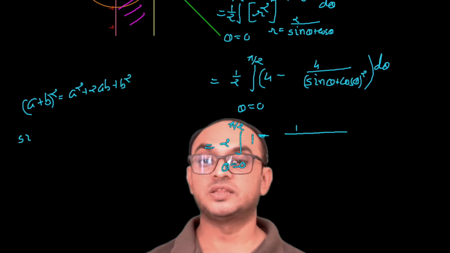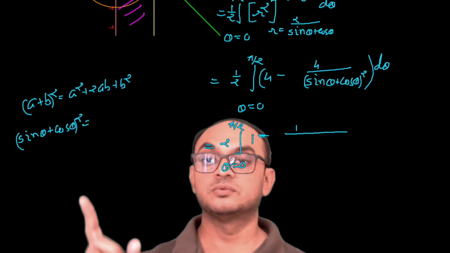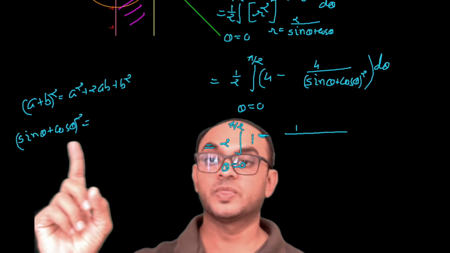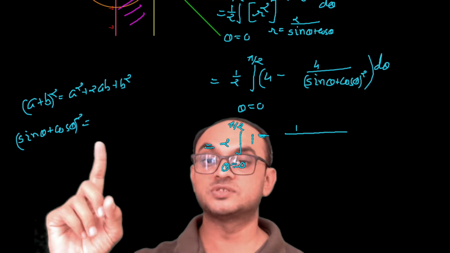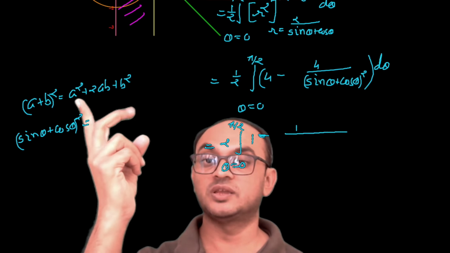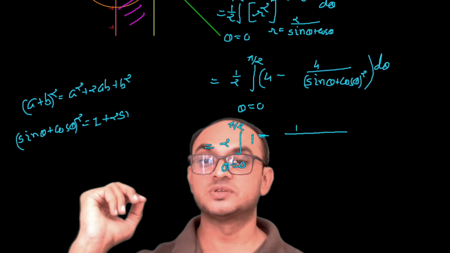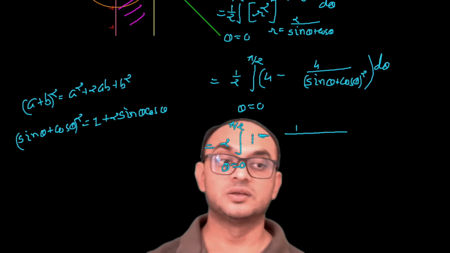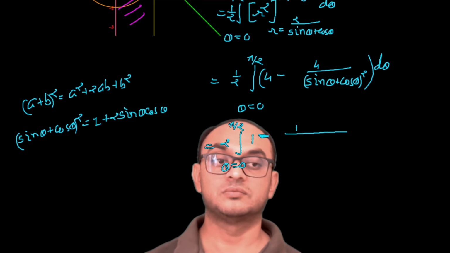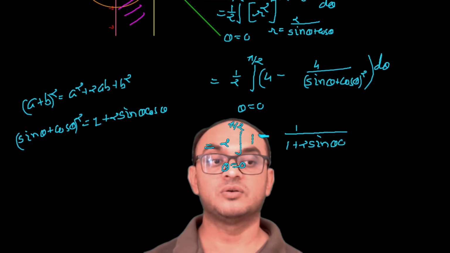So sin theta plus cos theta whole square is equal to sin square theta plus 2 sin theta cos theta plus cos square theta. So sin square theta plus cos square theta, which is 1, plus 2 times sin theta cos theta. Right. So this is 1 plus 2 times sin theta cos theta, d theta.